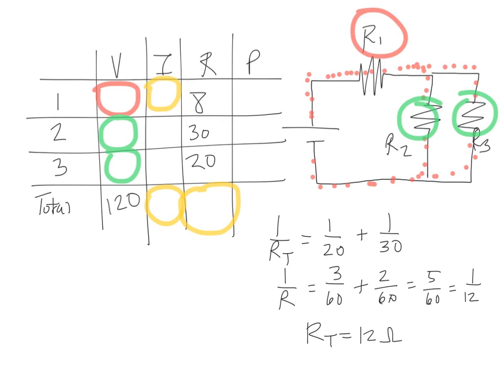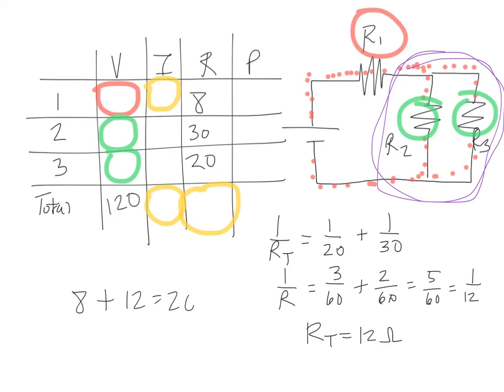So for this little portion, I'm going to circle in purple, that has a combined or equivalent resistance of 12. Well, that comes in series with R1, so it would have to be 8 plus that 12 gives me a total resistance of 20. So 20 goes here. Well, that helps me with Ohm's law, because we know that V equals IR.